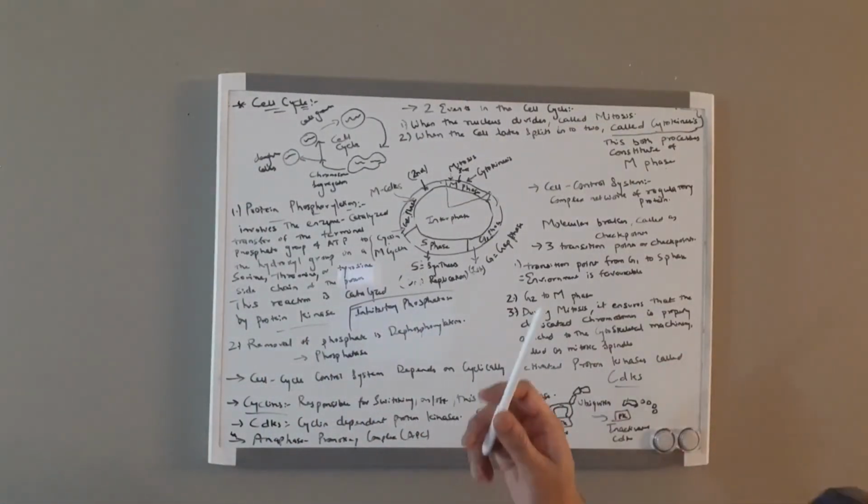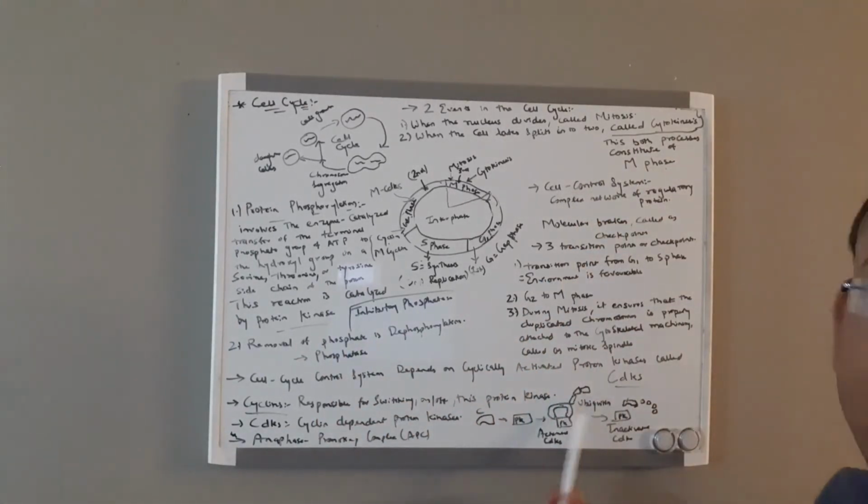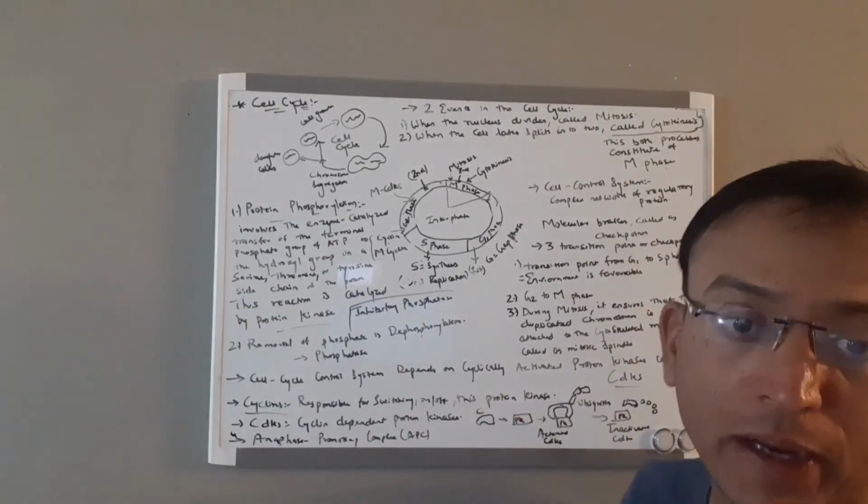It contains inhibitory phosphatase, and to become active, this complex needs to be dephosphorylated by a specific protein phosphatase, then only it will become active.